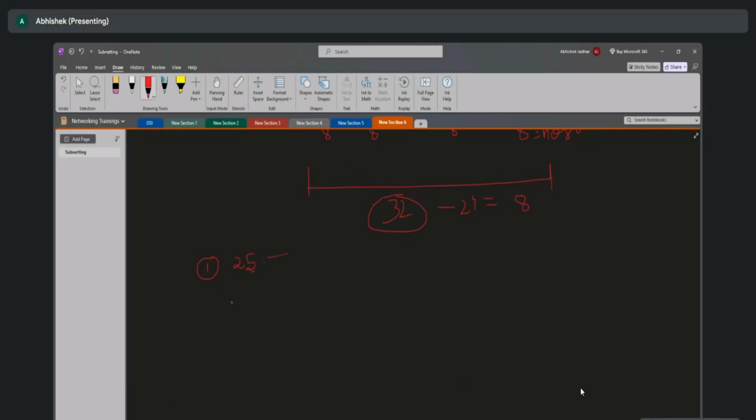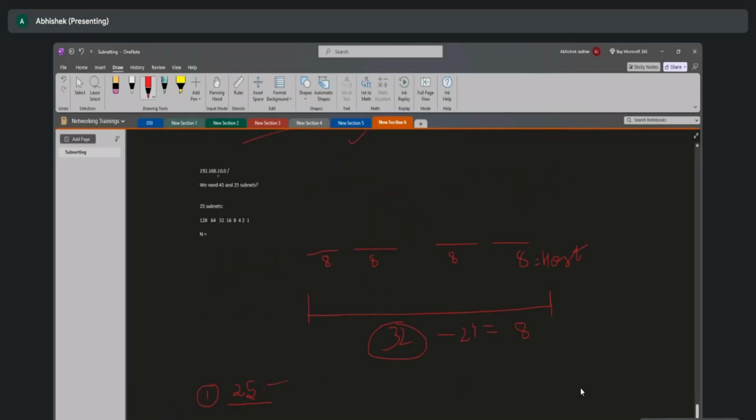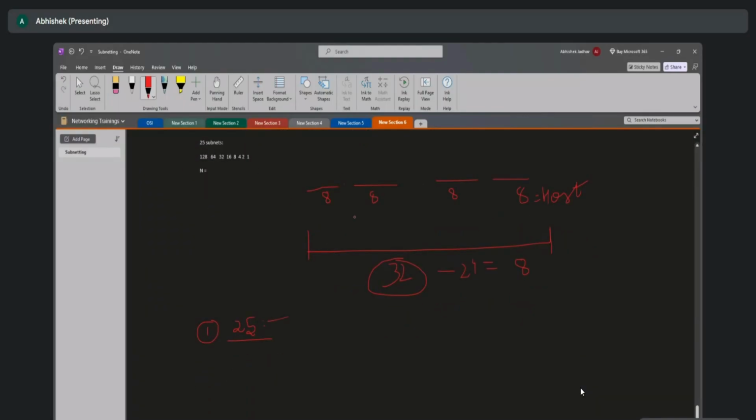I need 25 subnets from this IP, which is a class C IP. Now we know that 24 bits are already occupied by the network, so we only have 8 host bits to play around.